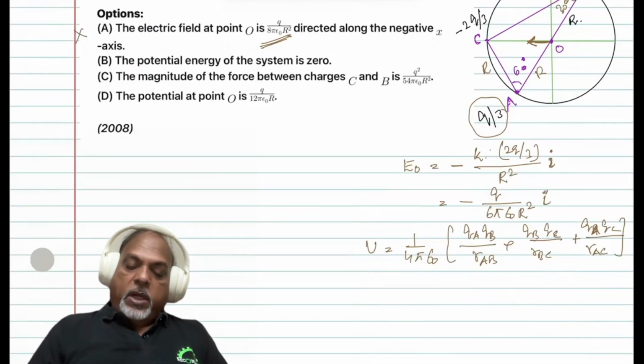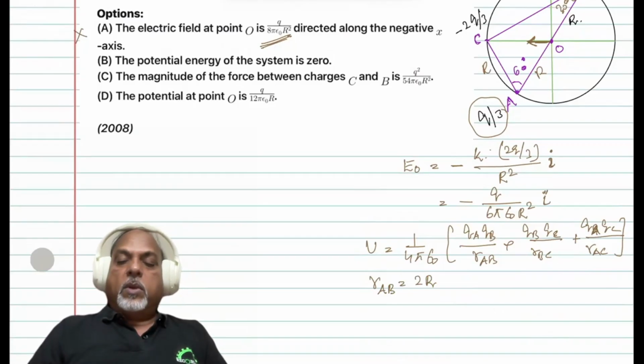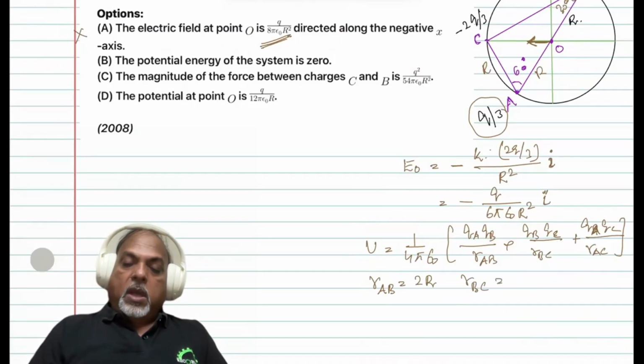For finding out potential energy, we have to find out RAB, that is 2R.